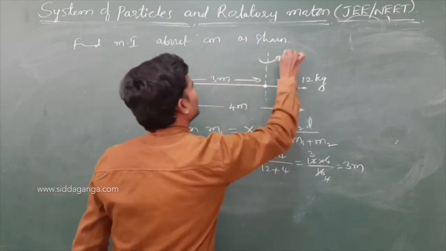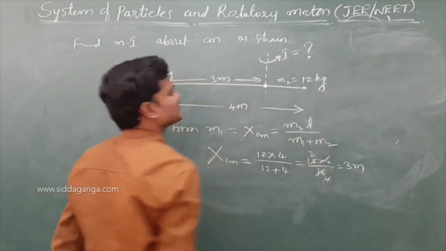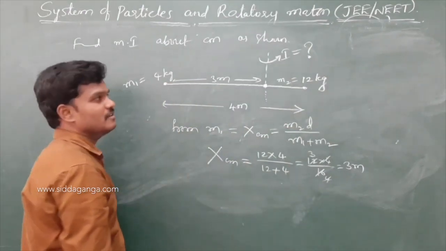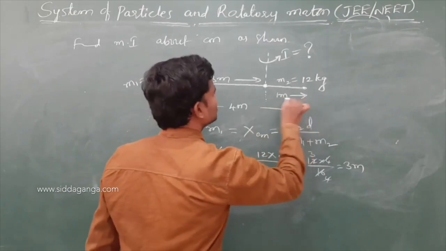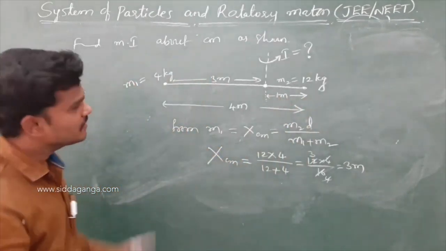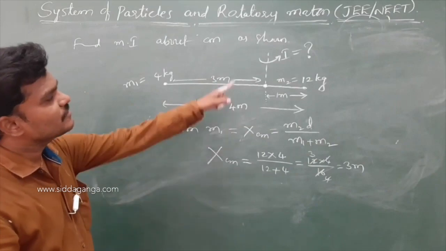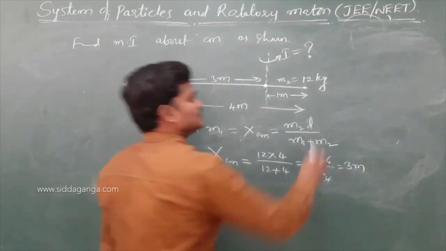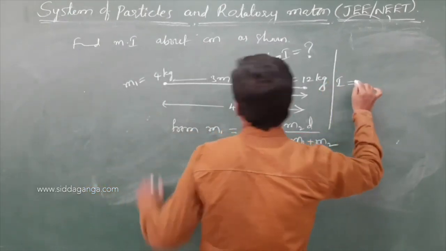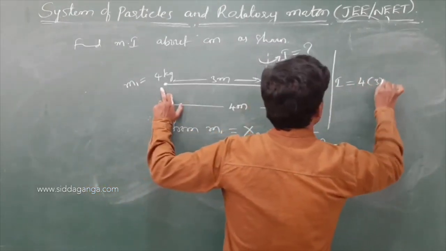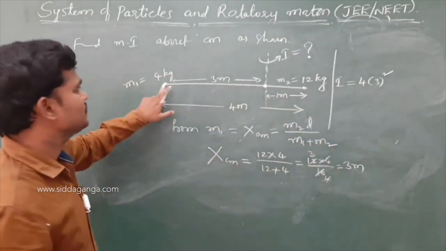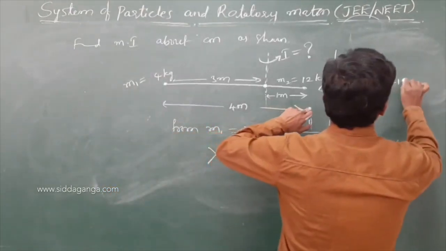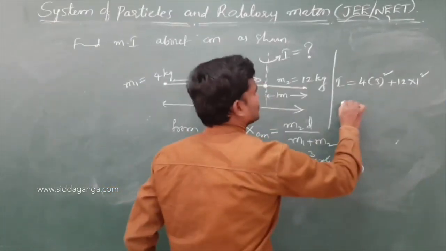Now the target is to find the moment of inertia about this point. From the 4 kg, the axis is at a distance of 3 meter. From the 12 kg, it is at a distance of 1 meter. So I is equal to 4 times 3 square, plus 12 times 1 square.